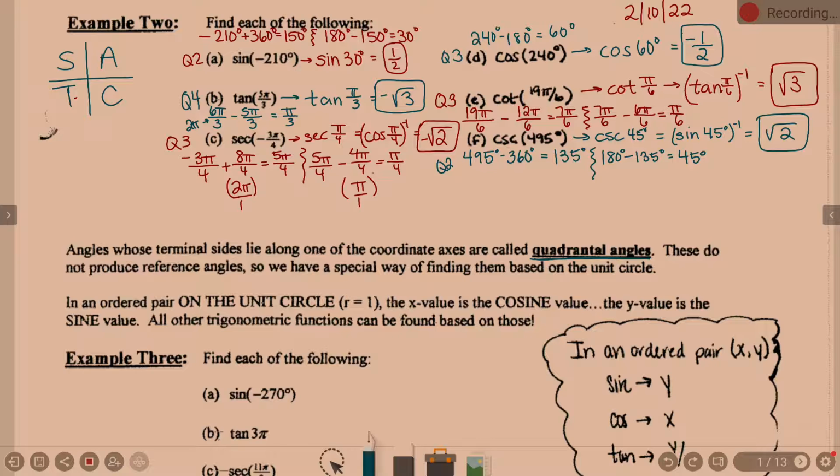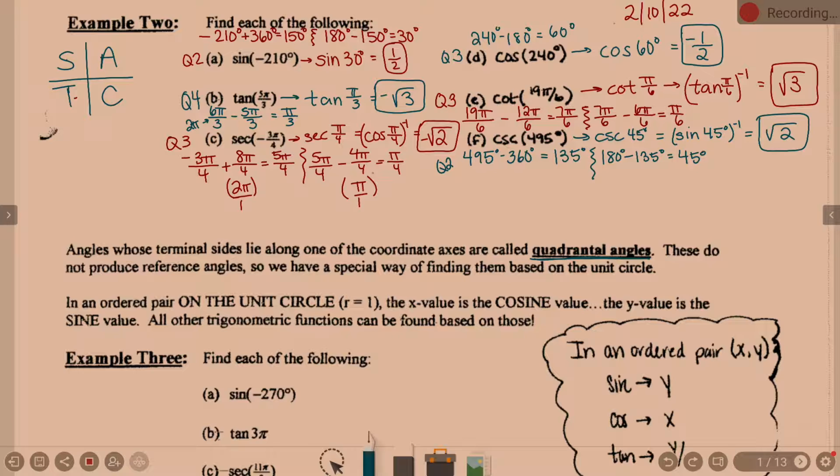Yes, Jaden? So, since sine of 45 is also, or you can say like 1 over square root of 2, square root of 2 over 2. Mhm. If you put 1 over square root of 2, I prefer you rationalize it.